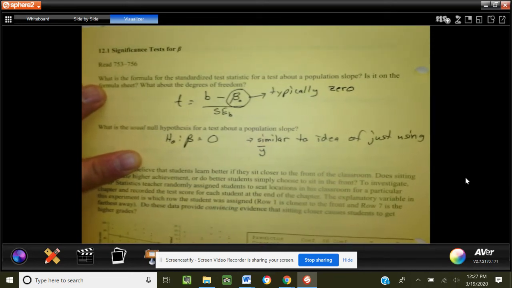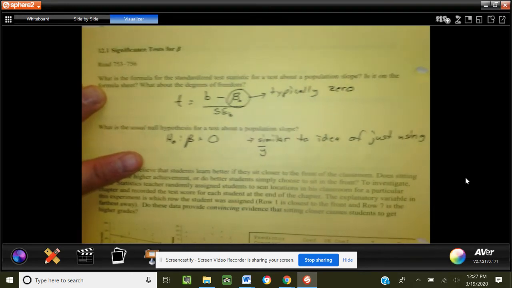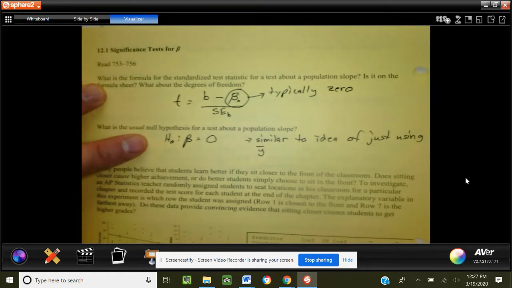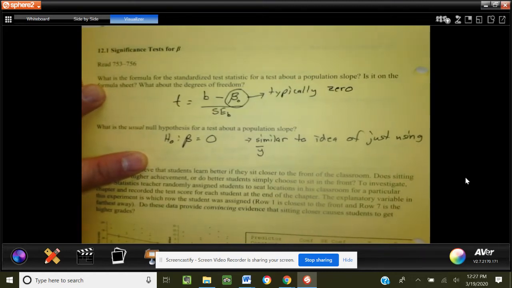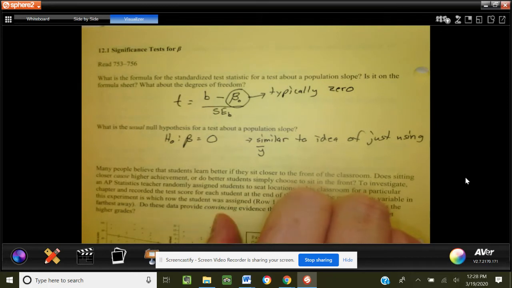Is it better to predict that using an x value like handspan? If the slope is 0, then really that's similar to just using the mean of the candy grab to predict candy grabbed. So that's what we'll assume to be true. What we're looking for is evidence that the slope is not 0, that it's positive or negative. We'll get to the specifics of that here shortly.